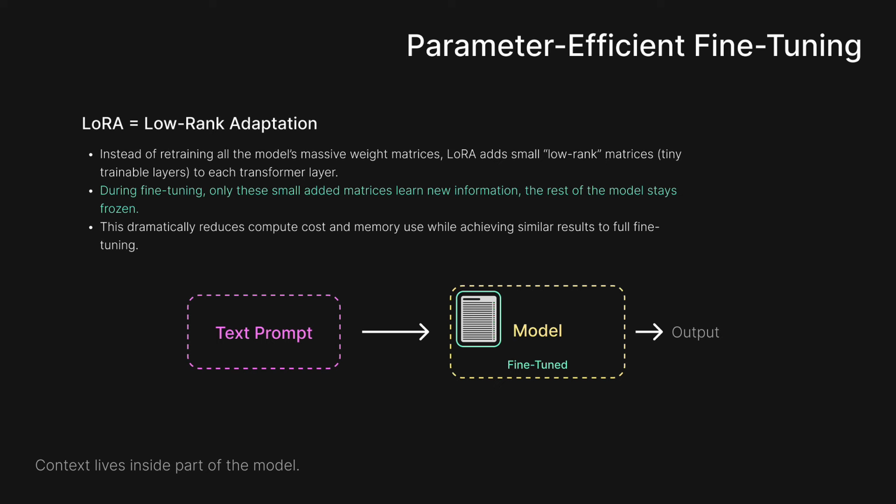Basically, doing the same as fine tuning, but only fine tuning and updating a small portion of the model's weights. This is very efficient, fast, and also gives you very good results as if you were to fine tune the entire model. And although there's benefits in fully fine tuning a model and only updating partial weights in a model, it comes down to your use case and also your resources.